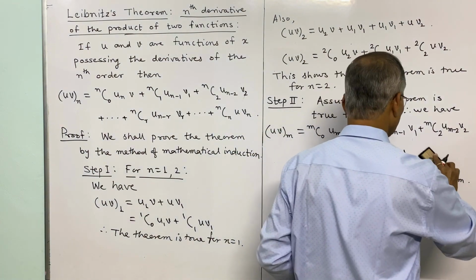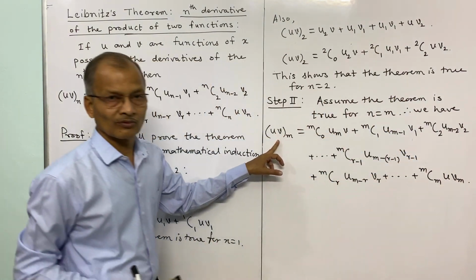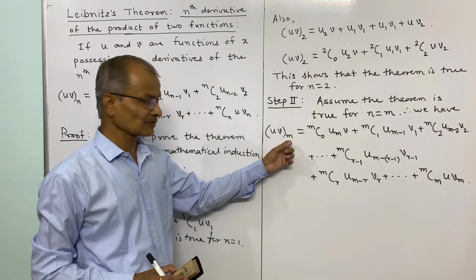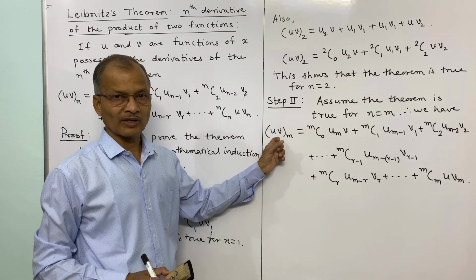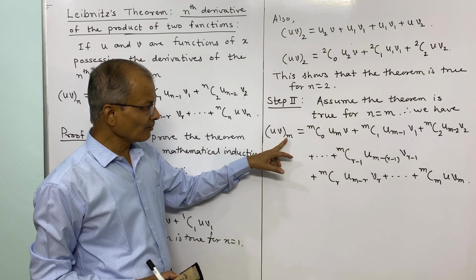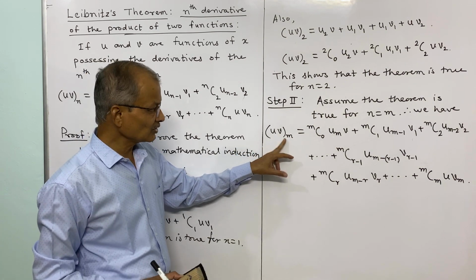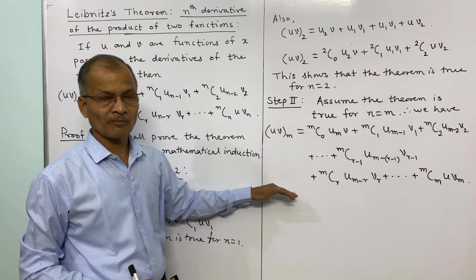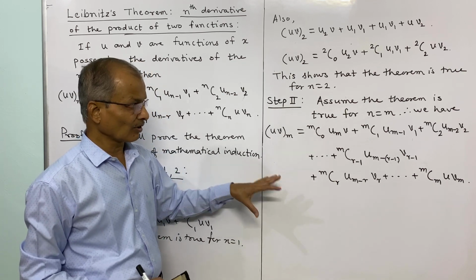And thus this is the mth derivative of u into v. What we have to prove? The theorem remains true for the m plus 1th derivative of u into v, and therefore, to get the m plus 1th derivative, we shall differentiate this on both sides to get the next order derivative, the m plus 1th order derivative we want to obtain.